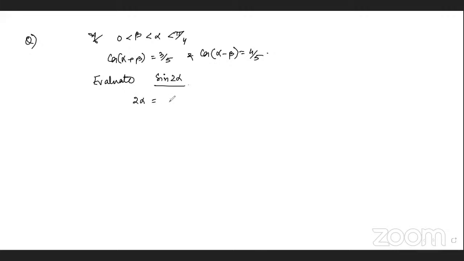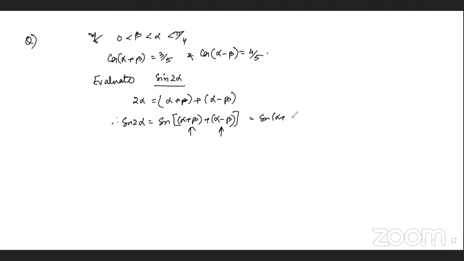Look, 2 alpha can be written as alpha plus beta plus alpha minus beta. Is that okay? Because beta and beta will cancel. Therefore, sine 2 alpha can be written as sine of (alpha plus beta plus alpha minus beta). Now, this is A, this is B. Sine of A plus B किसके बराबर होता है बेटा बताइए?